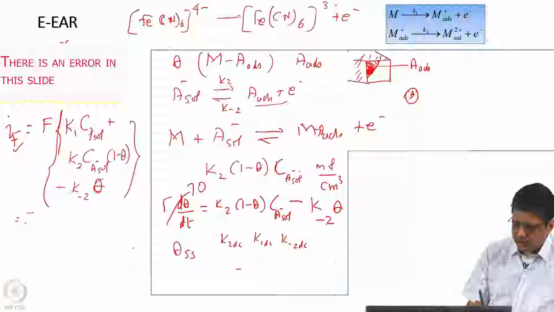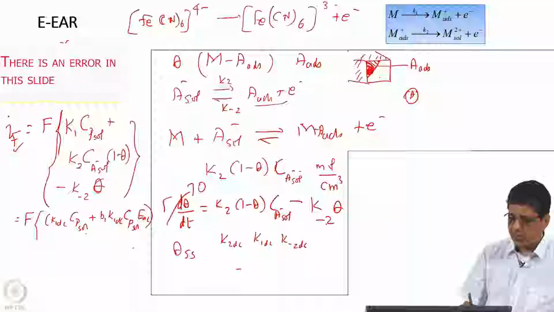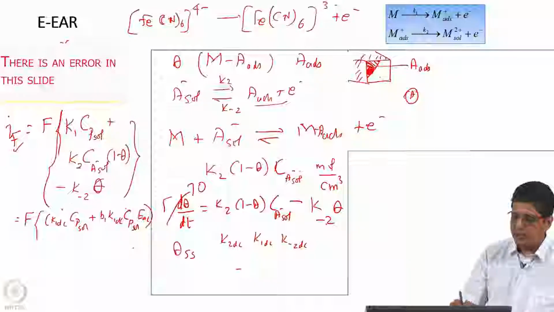I will get an expression which says K1 can be expanded as K1 DC plus B1 K1 DC EAC. So, this would contribute to the Faraday current at DC condition, this would contribute to the IF AC.